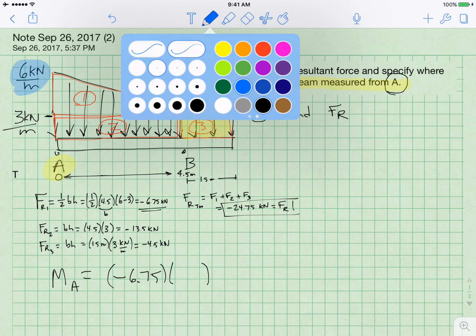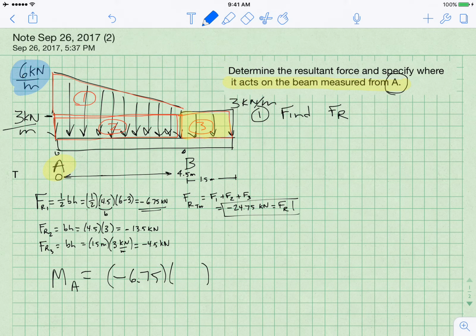So stated differently, area 1 has a resultant value of minus 6.75, and it is located somewhere on this beam, and I'm putting down where it's going to wind up going.